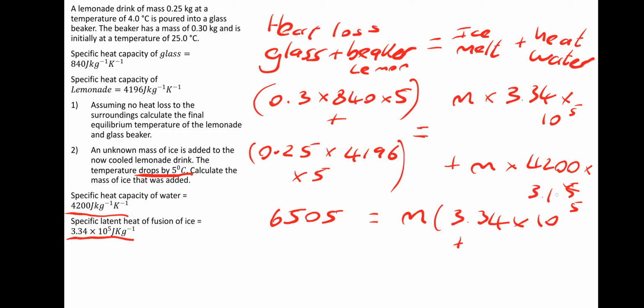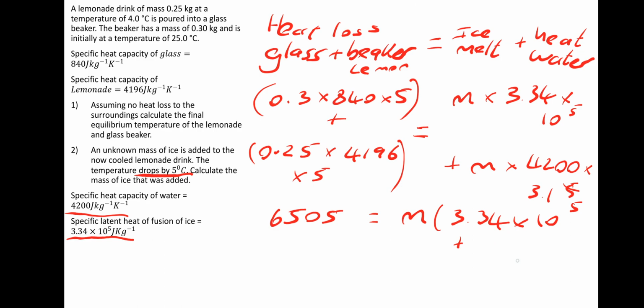So 4,200 times 3.1, because it's going to go from 0 degrees Celsius up to 3.1 Celsius, because the initial temperature was 8.1 and it dropped by 5. So yeah, that is 3.1.